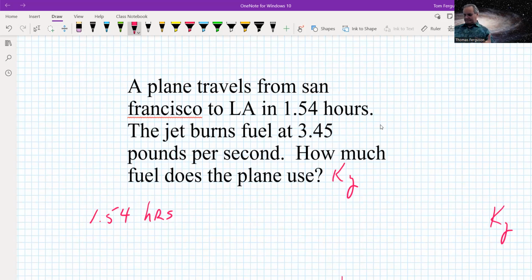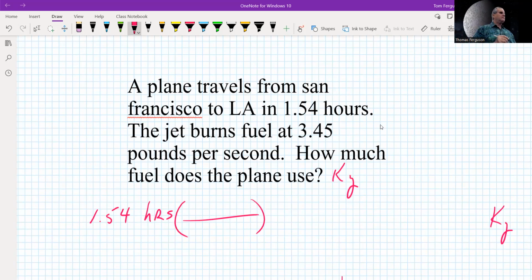All right. What's our first conversion? Hours are going to be in the bottom. Perfect, you guys. Okay, what's going to go on the top? Well, there's a conversion factor built into the problem, 3.45 pounds per second. So what's the problem? Okay, but we don't know how many pounds per hour. We know how many pounds per second. We know how many seconds are in an hour? How many seconds are in a minute?